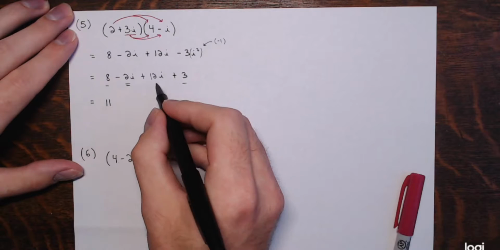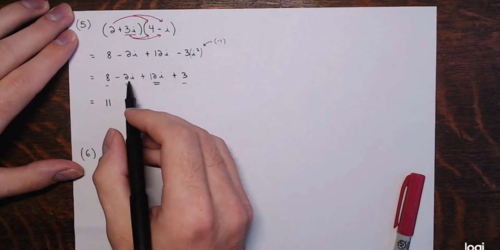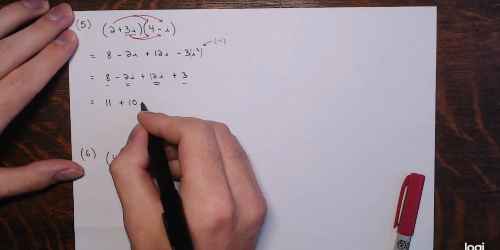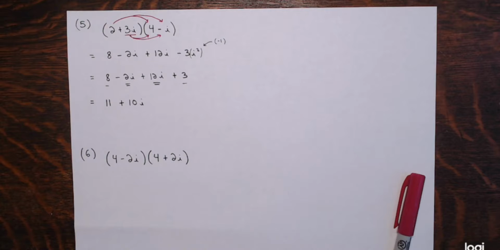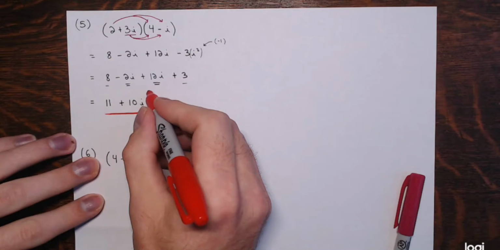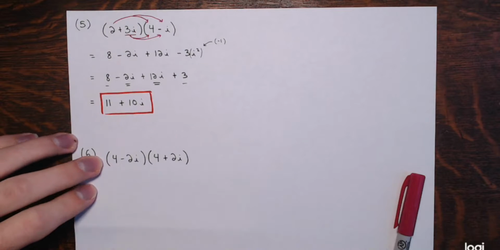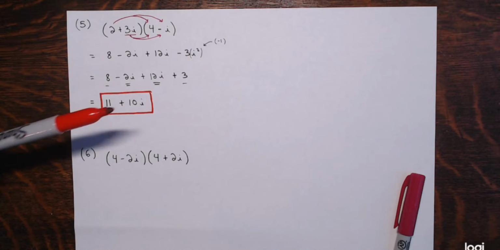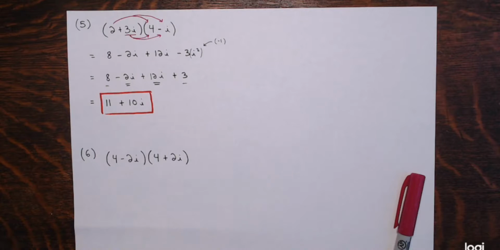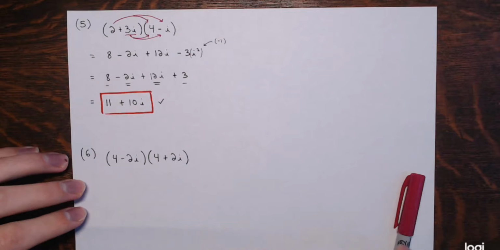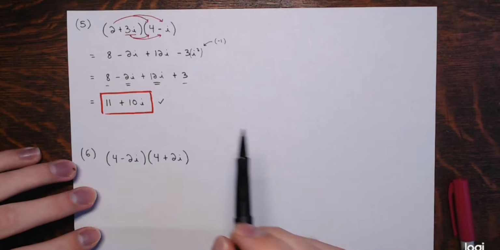Combine the imaginary numbers, negative 2i plus 12i is positive 10i. And there you go. It's 11 plus 10i. And that's in standard form for a complex number, real number plus imaginary number. And once again, I'll put a little check mark next to it, reminding you to check your work, double check it, triple check it.